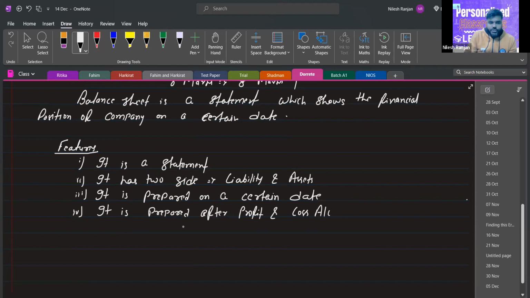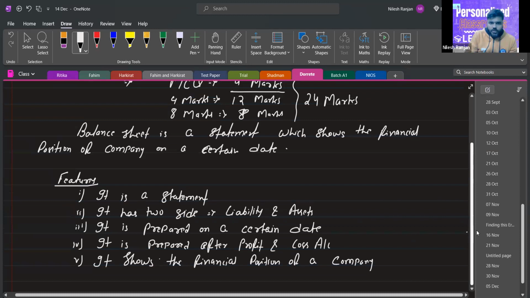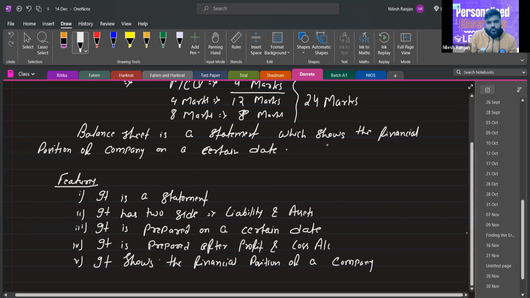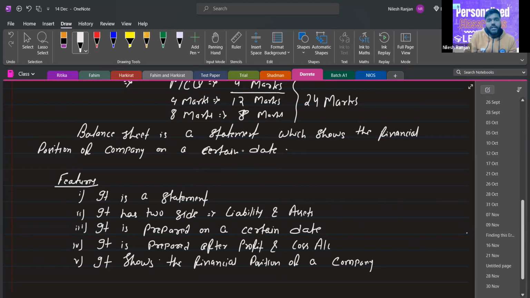Okay, so this is the definition of balance sheet. Balance sheet is a statement which shows the financial position of a company on a certain date.